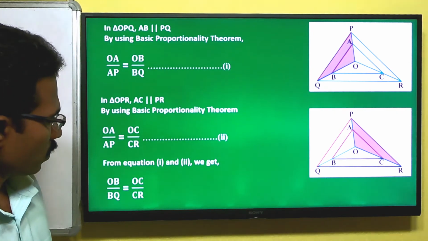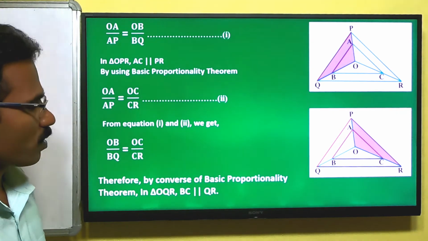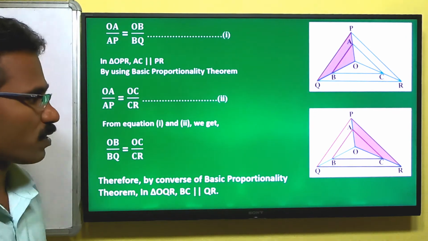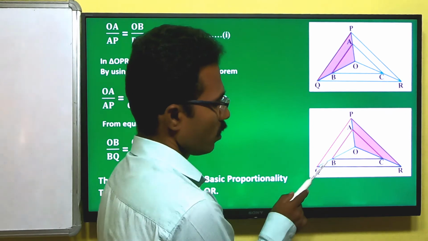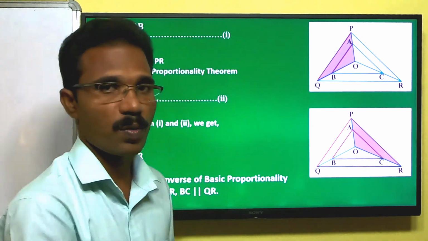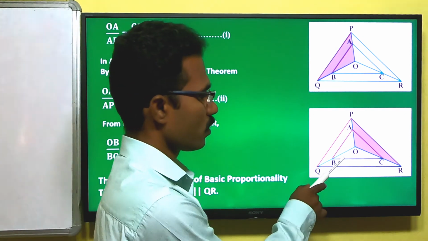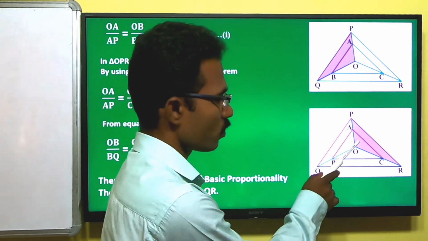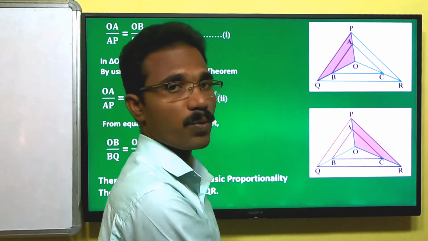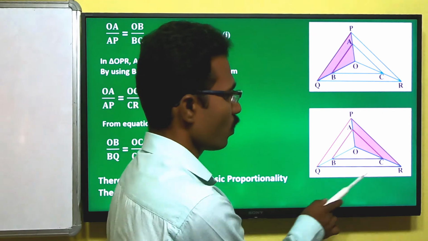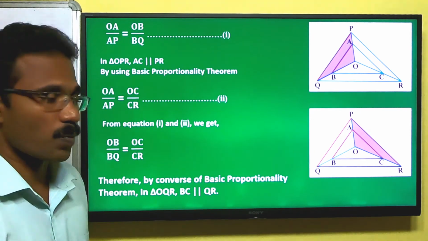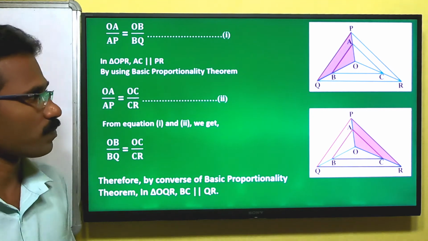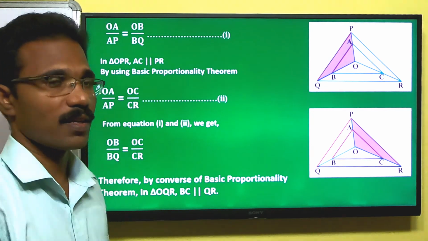So by the converse of the basic proportionality theorem, just like the previous sum, the line BC is dividing these two sides of the triangle in the same proportion. Therefore this line is parallel to QR. That is the converse of the basic proportionality theorem, and we have done this. So that's all, very simple.